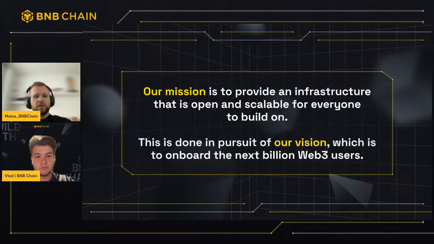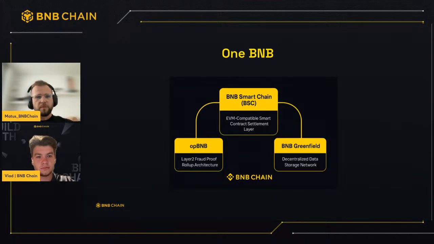Our main mission is to provide infrastructure that's available to everyone, and we want to get the first billion Web3 users to our ecosystem. Everything we do on the tech team is to make this happen. Maybe not everyone is aware, but the BNB ecosystem, or BNB Chain, actually consists of three chains.